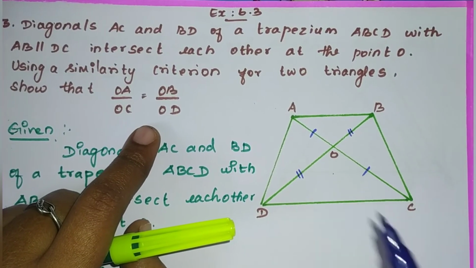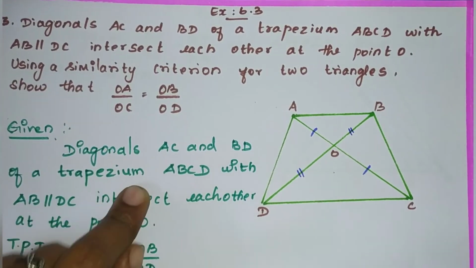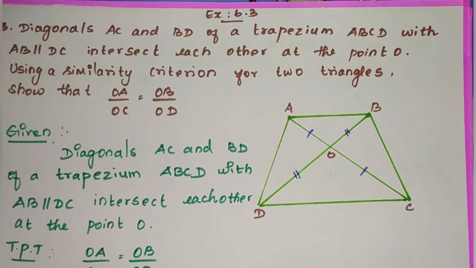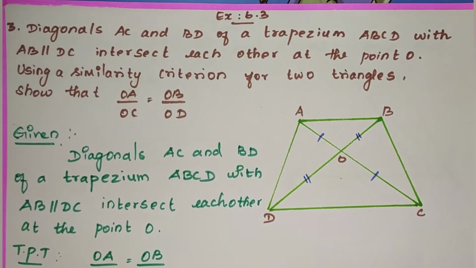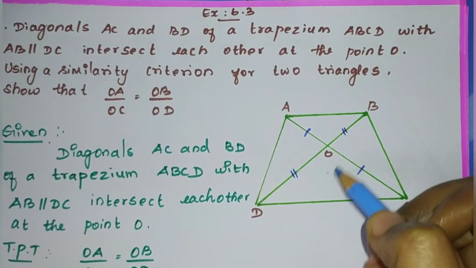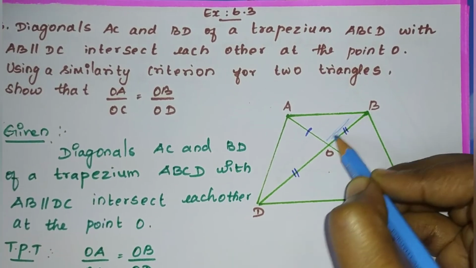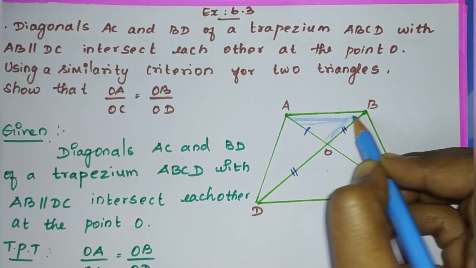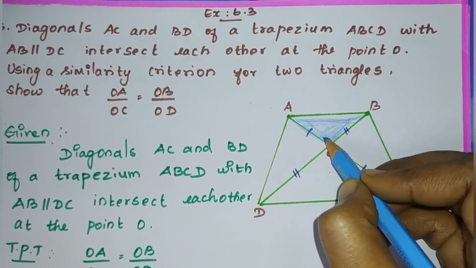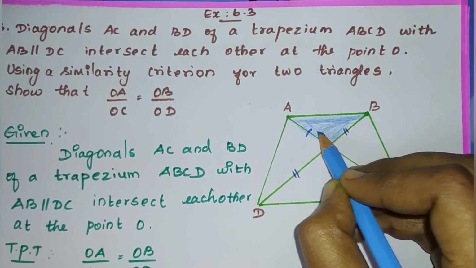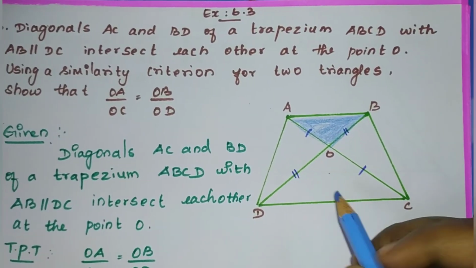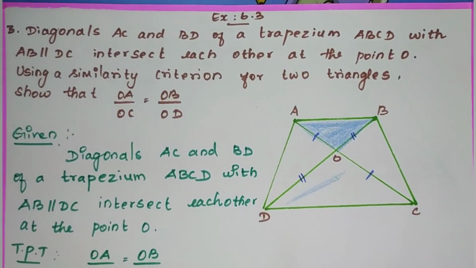So now tell me which two triangles we have to take to prove OA divided by OC and OB divided by OD. These two triangles: triangle OAB and the triangle OCD.